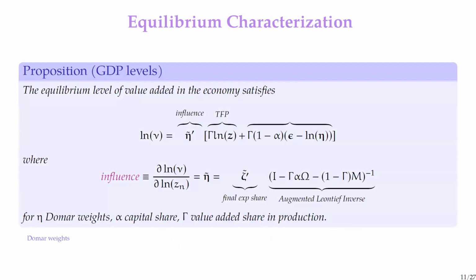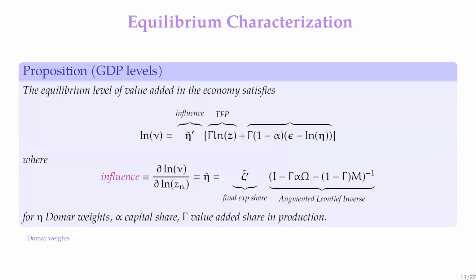Aggregate value-added will be characterized by an influence vector that I will come to in a second, and it will depend on the vector of sectoral TFP, and another element that in equilibrium will also depend on TFP, which empirically we can measure through the distribution of employment.